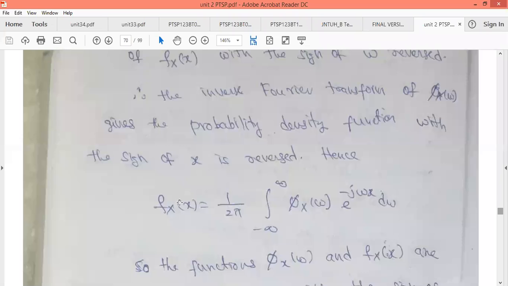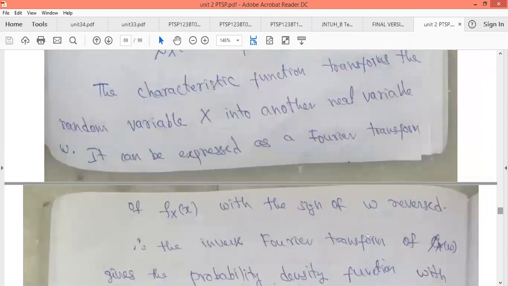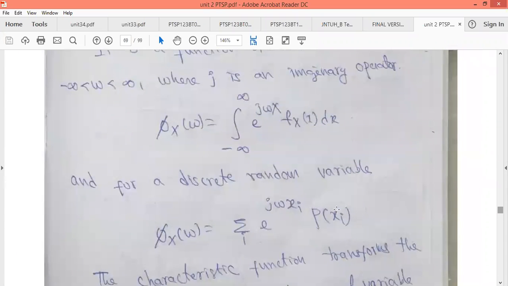So f_X(x) is equal to 1 by 2 pi times the integral from minus infinity to plus infinity of phi_X(omega) e power minus j omega x d omega. Whereas for the standard inverse Fourier transform we would have plus, since here it is the characteristic equation we have minus. Similarly, for the Fourier transform we would have minus, but for the characteristic equation it will be plus.